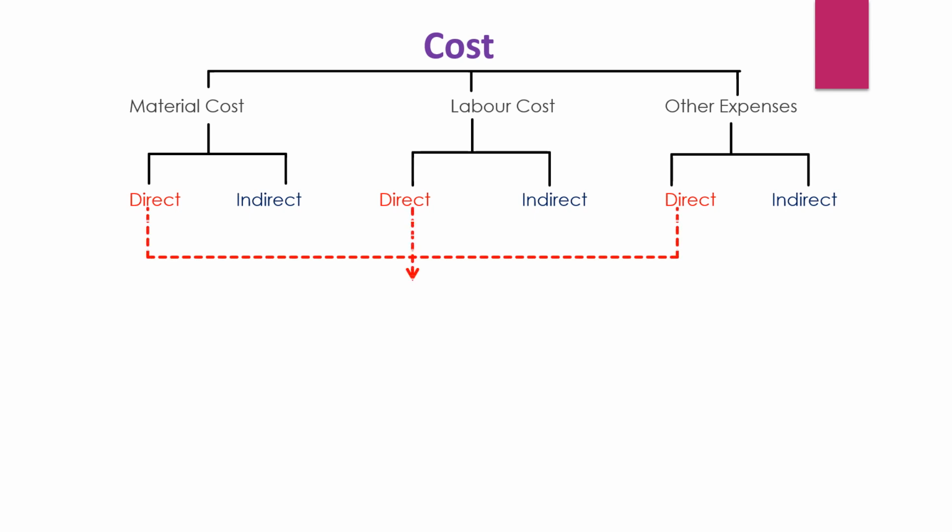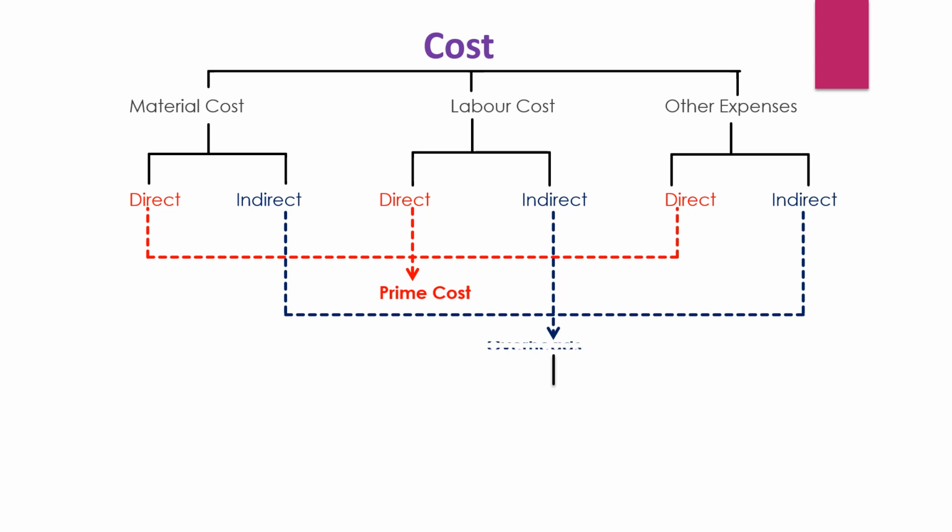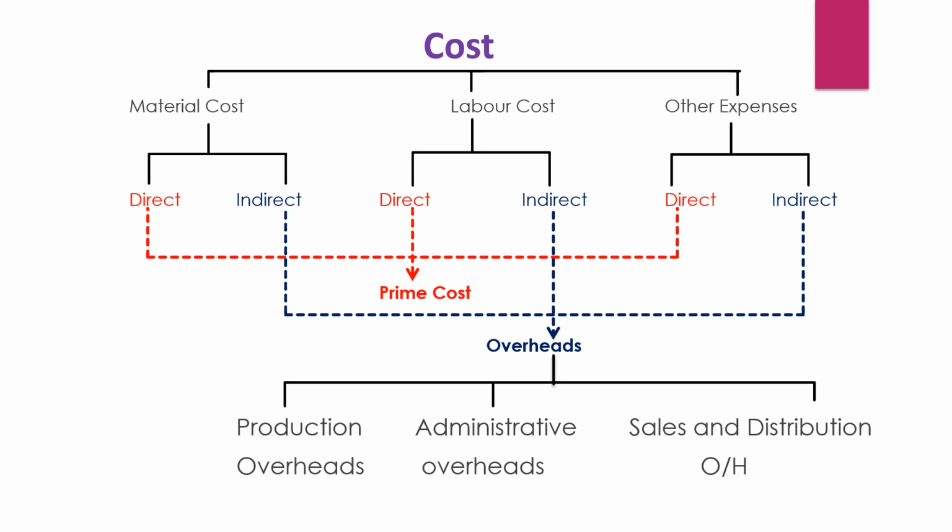The direct costs combined together are known as the prime cost. And when we add the indirect costs, they are known as the overhead. This overhead can be classified into production, administrative, as well as sales and distribution.